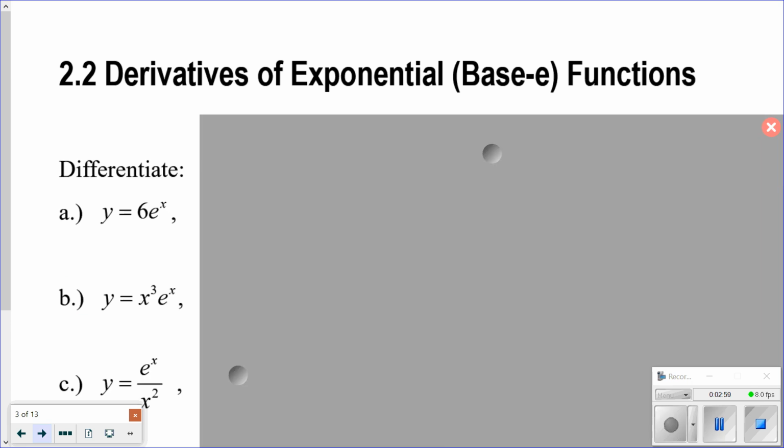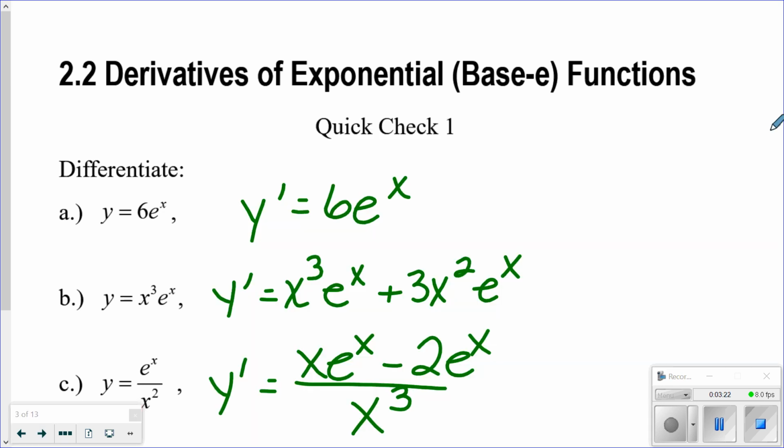The bottom one will be a quotient rule, and you will have to simplify at the end. I believe every term is going to have at least one x that will have to be divided out. Okay, so write those problems down. I'm going to uncover the answers, so you might want to pause this video before I do that. And then you can check your answers.